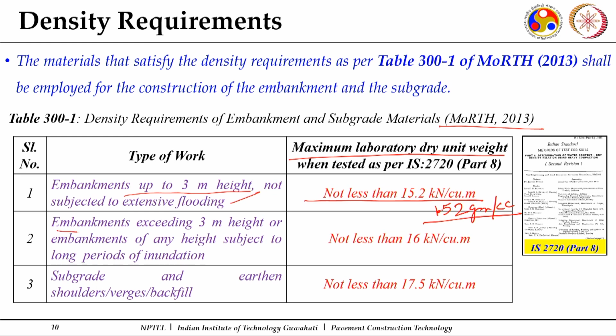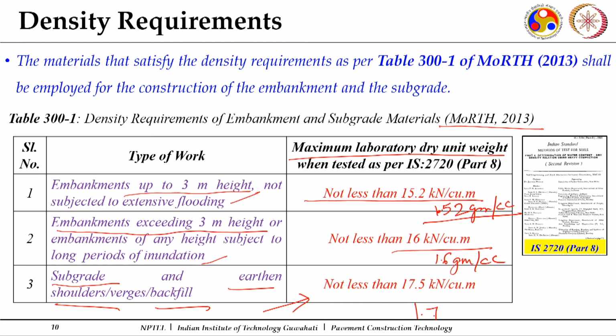And it says, if you are using it for embankments of height exceeding 3 meters and which may be submerged in water for a longer period of time, then the density should be at least 1.6 gram per cc. And it says, if you are using it for subgrades, earthen shoulders and backfill materials, then it should not have a density less than 1.75.